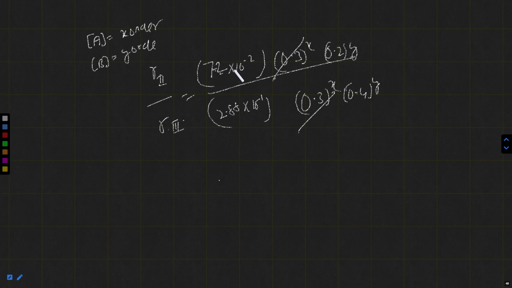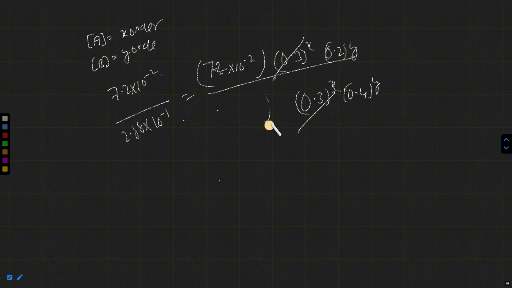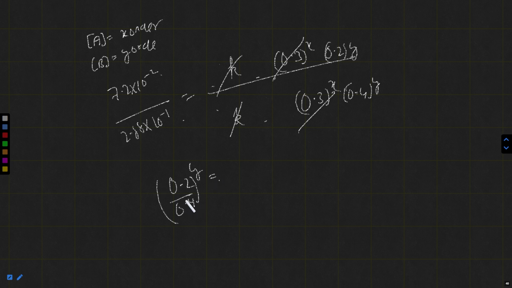So I put this value here: 7.2 into 10 to the power minus 2, and this is 2.88 into 10 to the power minus 1, and this is the rate constant. Suppose I am taking the rate constant as K, so it will be equal. It does not depend upon concentration. So this will be cancelled out, right? So this will be 0.2 by 0.4 to the power y.